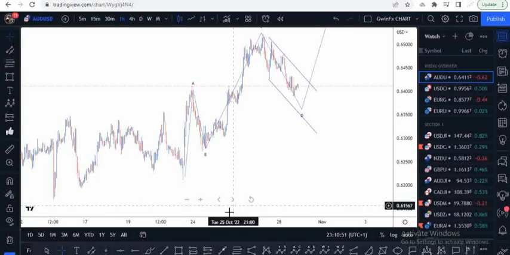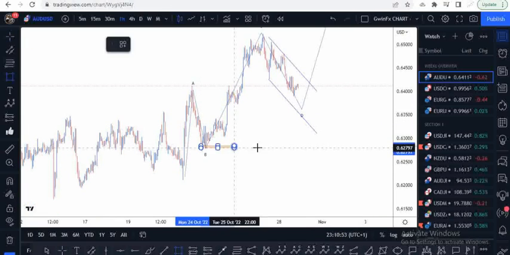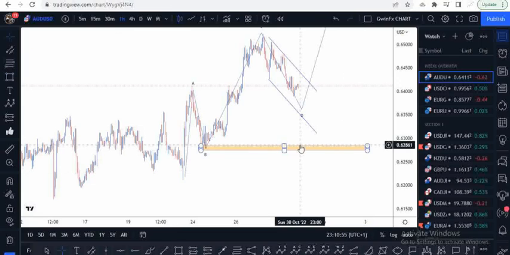So I will just wait and allow price to give me a confirmation. However, if price breaks one more time below this point, I think we should start looking for some selling opportunities. Above this territory is a very good area to start planning for a buying opportunity on AUDUSD.